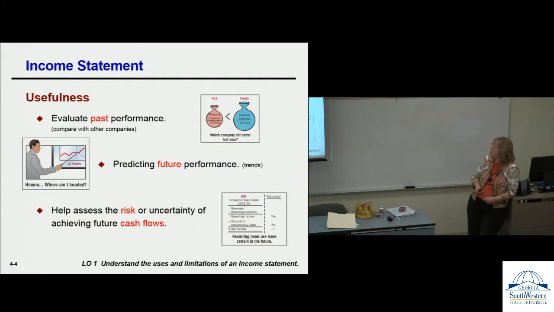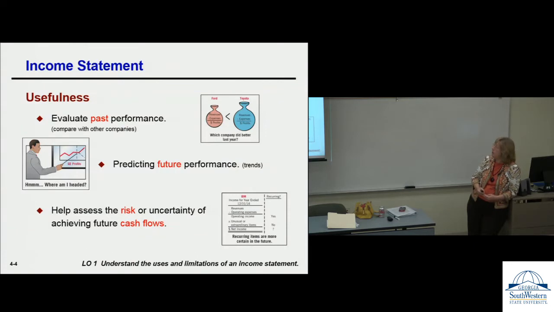All right, so what is the income statement useful for? There's really 3 major things that they talk about, and one is to look at a company's past performance. The income statement is for a period of time that is in the past, right? So it informs the financial statement users about what happened in the past.